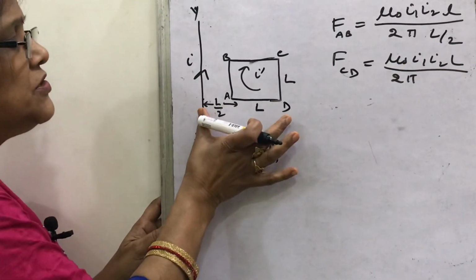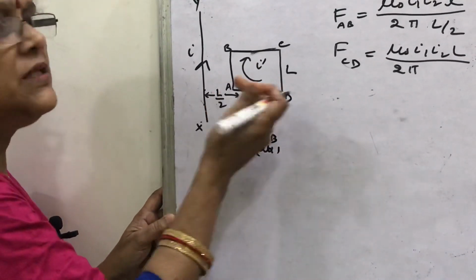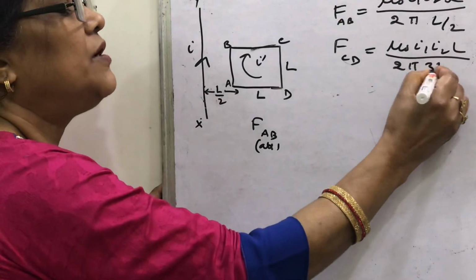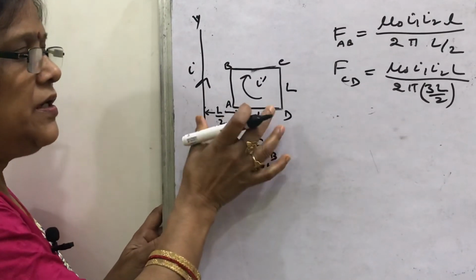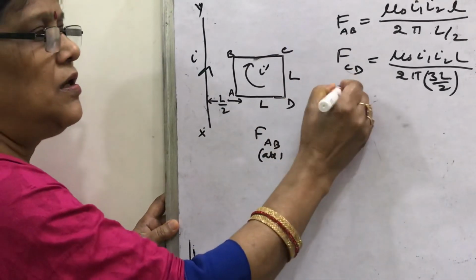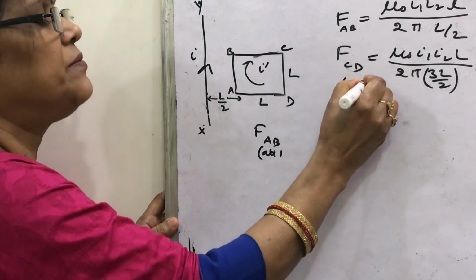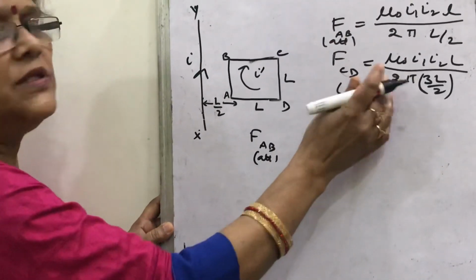Look, this total distance is L plus L by 2, which is 3L by 2. What will be the nature of this force? Repulsive, because this one is attractive, same direction current, and this one is repulsive, opposite direction of current.